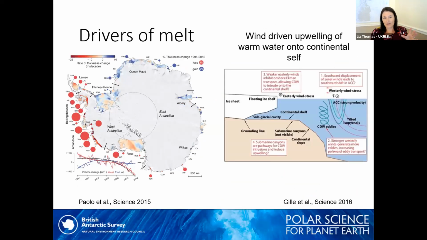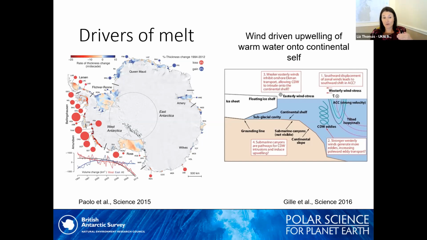So just jumping to the melt story, if you like, I'm showing here particularly these red areas. We know we're getting a lot of melt, particularly from the West Antarctic region along the Amundsen Sea coast. A lot of this melting has been attributed to changes in basal melting.